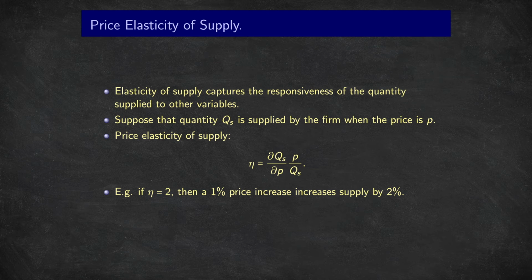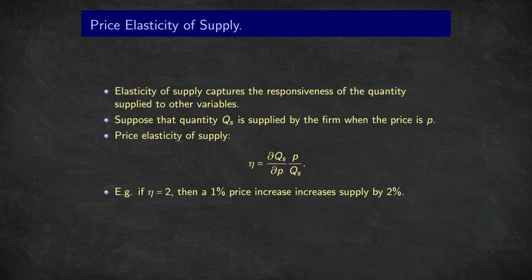As well as the various forms of elasticity of demand, we can apply the notion of elasticity very naturally to supply functions. Elasticity of supply captures the responsiveness of the quantity supplied to various variables.